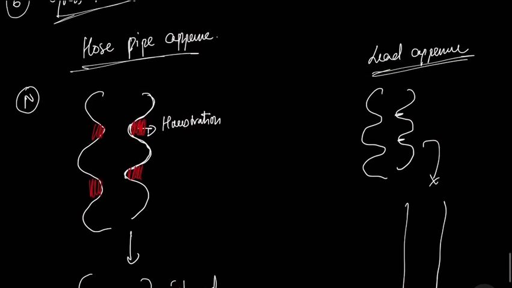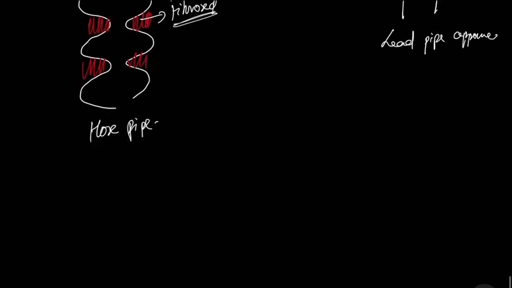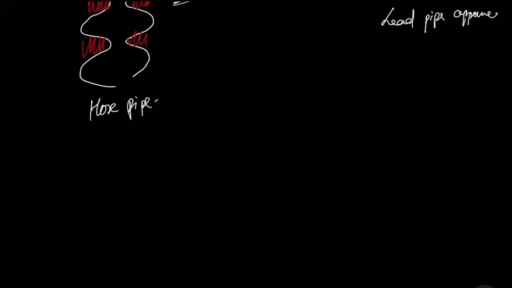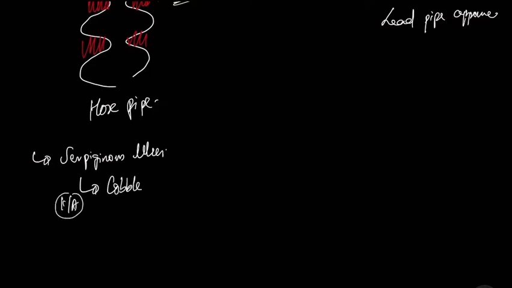Where do you see hose pipe appearance? That you see in Crohn's disease. Where do we see lead pipe appearance? We see that in ulcerative colitis. So one more point under Crohn's disease is that we see something called serpiginous ulcer. This is known as cobblestone appearance. Because these ulcers give the look of a cobblestone, hence they're known as cobblestone appearance.